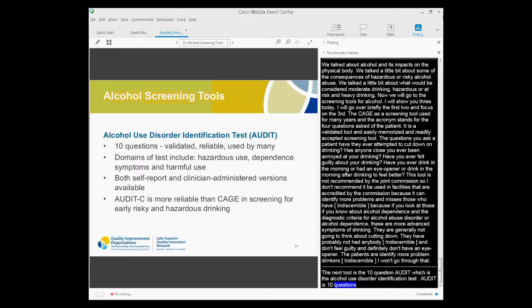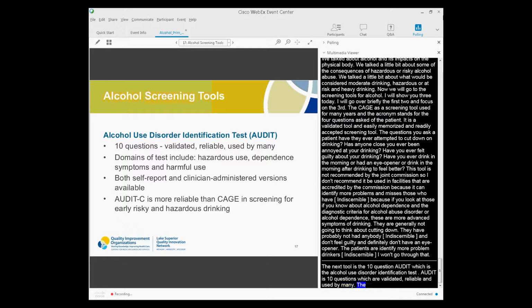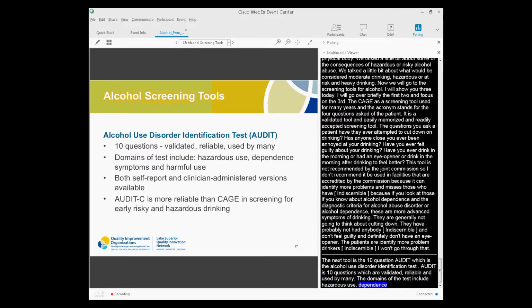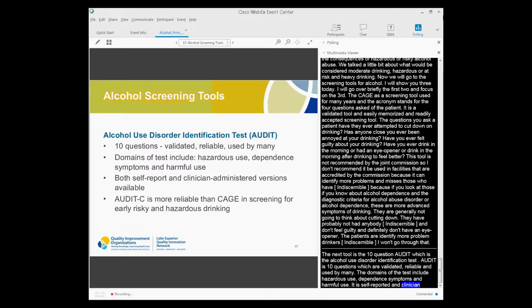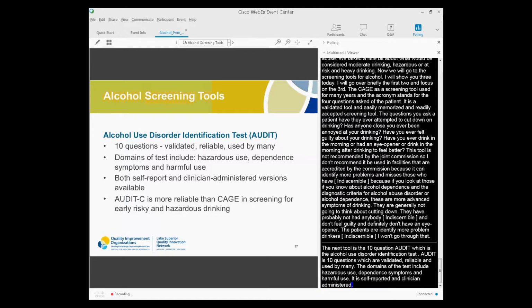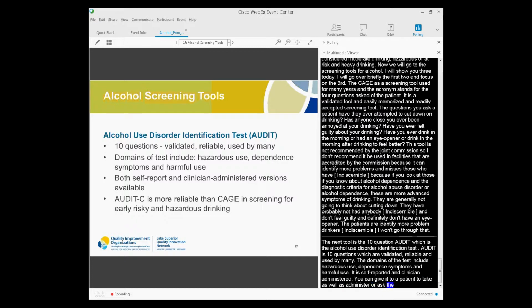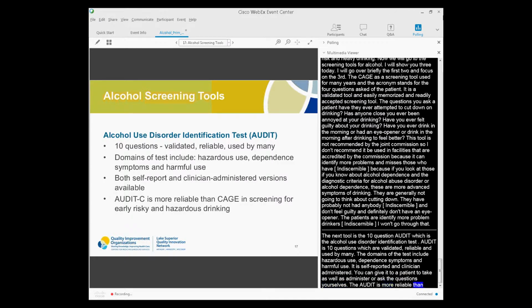The domains of the test include hazardous use, dependence symptoms, and harmful use. It is self-reported and clinician administered. So you can give it to a patient to take as well as administer or ask the questions yourself. The AUDIT is more reliable than the CAGE in screening for early and risky hazardous drinking, and I'll tell you why.